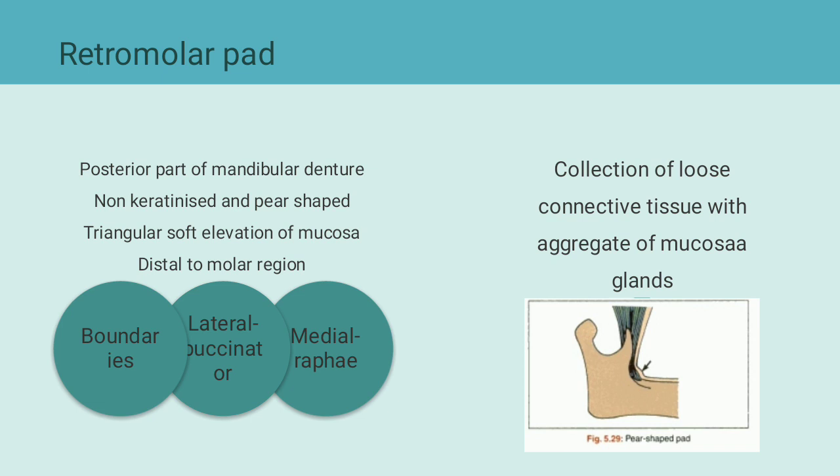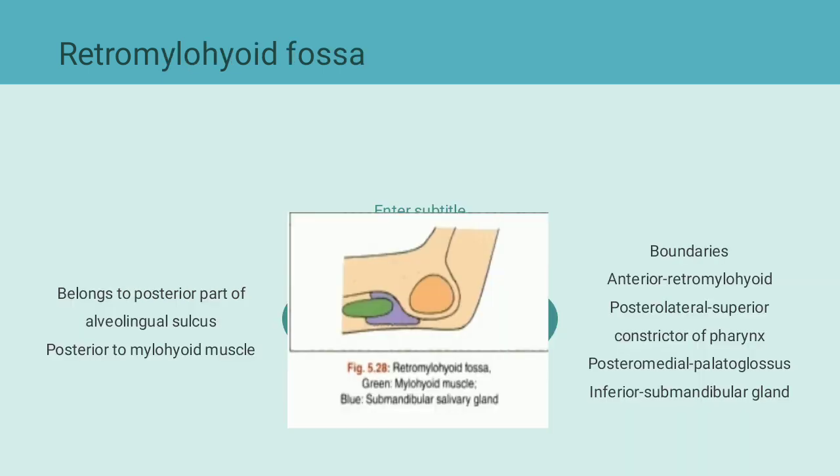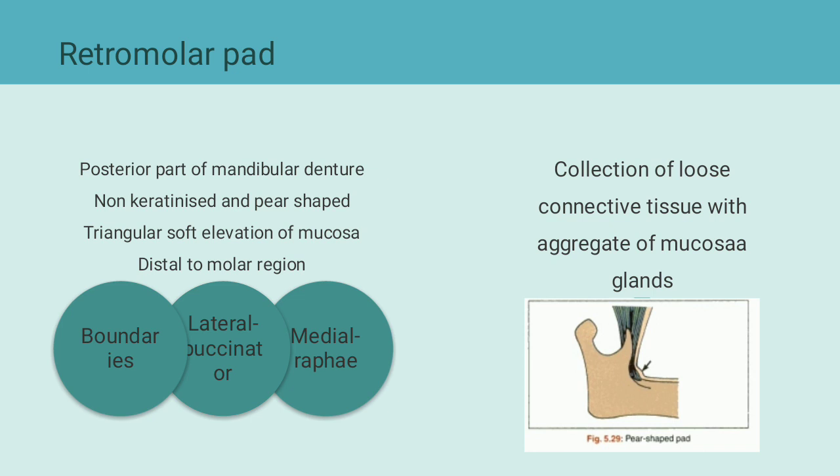It lies at the distal end of the molar region. Its boundaries are the buccinator on the lateral side and the pterygomandibular raphe on the medial side. In the central part, the retromolar pad is present. It is a collection of loose connective tissue with an aggregate of several mucosal glands. Remember, the retromolar pad is pear-shaped and a triangular soft elevation.